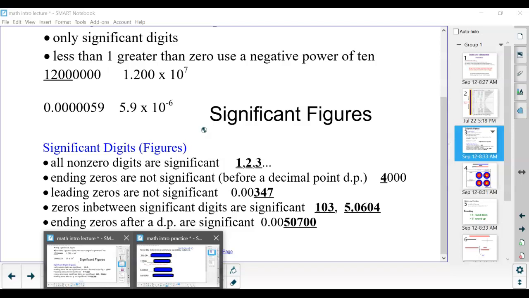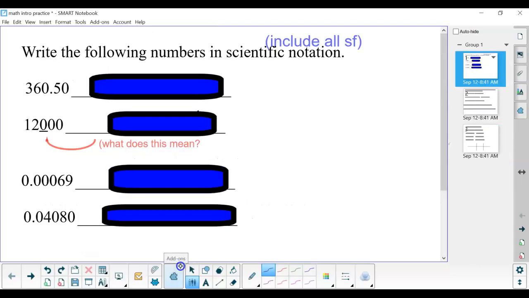Let's take a look at some of those examples here. If I look at this first value, I can see that I've got 1, 2, 3, 4, 5 digits there. Well, this is a non-zero, so it's significant. This is also significant. This zero is trapped in between. It's significant, non-zero.